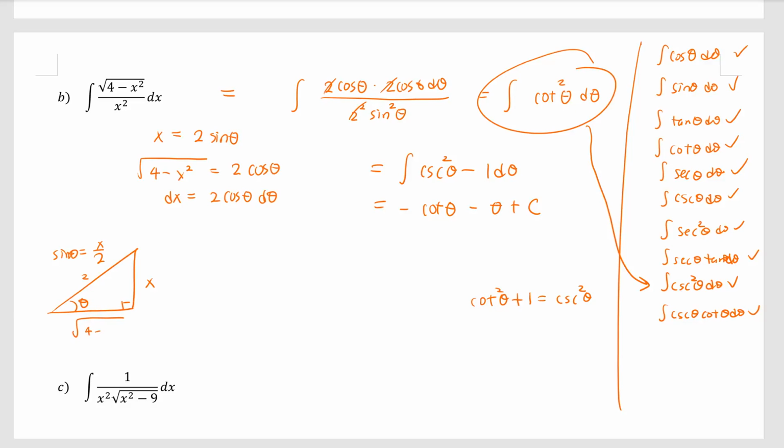By the Pythagorean theorem, the adjacent is the square root of 4 minus x squared. So what is cotangent? Cotangent is adjacent over opposite. Theta is arc sine of x over 2, and then plus C. So this is our answer.